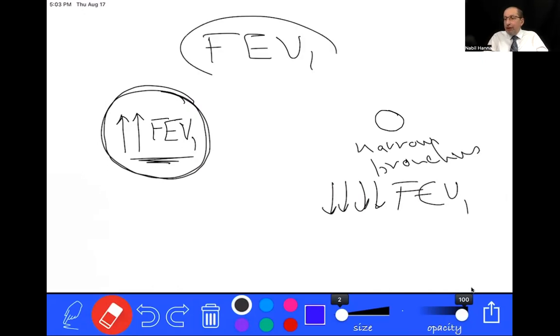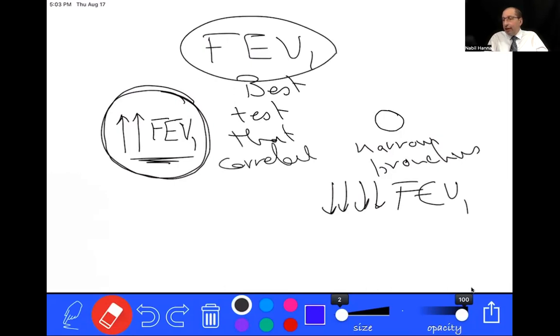So the FEV1 is the best test that correlates with the bronchial diameter. Okay, the FEV1 is the best test that correlates with the bronchial diameter.